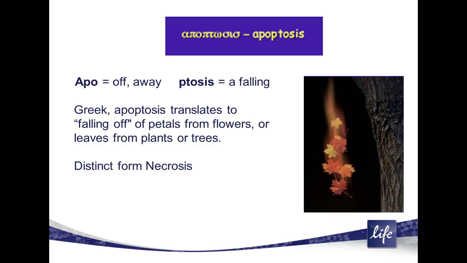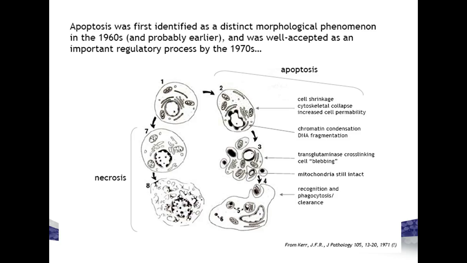The name apoptosis originates from the Greek apo, meaning off or away, and ptosis, meaning a falling. This translates to a falling off of petals from flowers or leaves from trees. Apoptosis is distinct from necrosis.